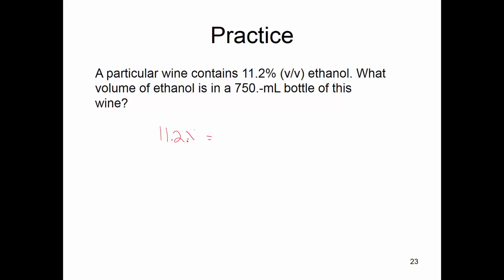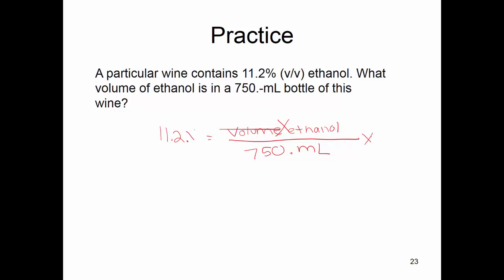We know it's 11.2%, but we want to know the volume of our solute, which is ethanol. And the whole bottle is 750 milliliters. If you want to just call this X, you know two of the three variables.